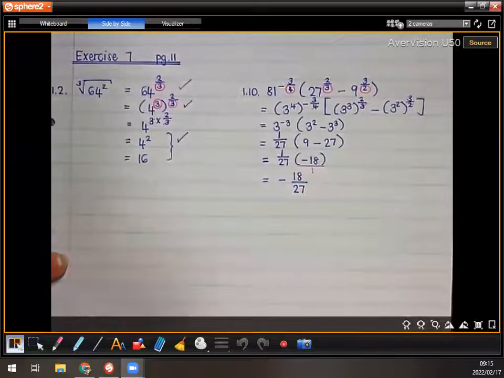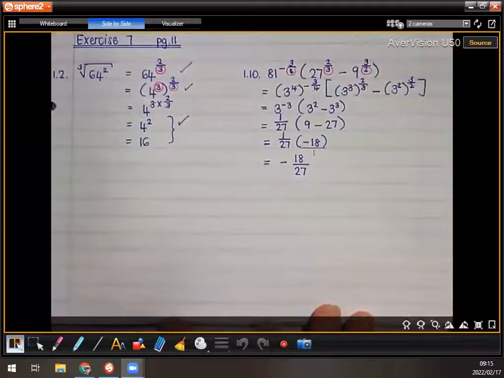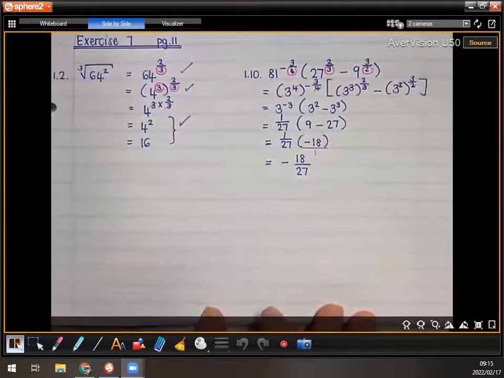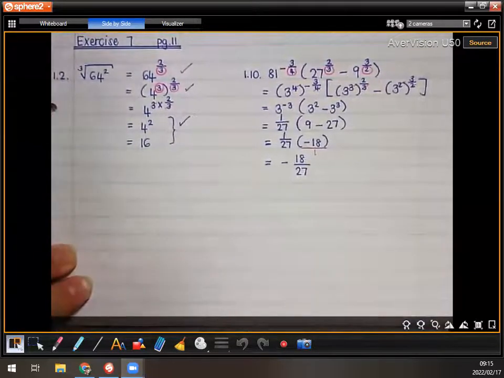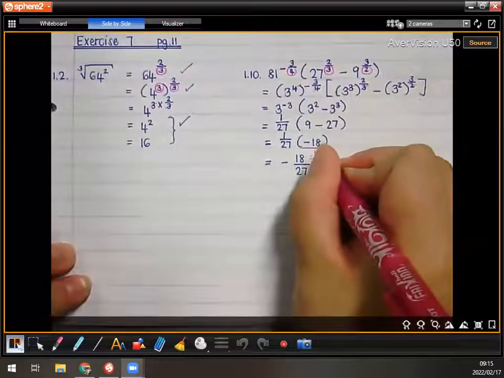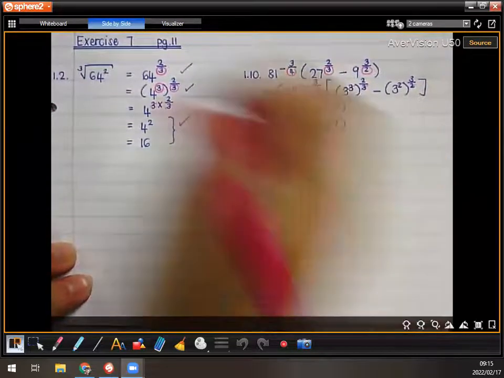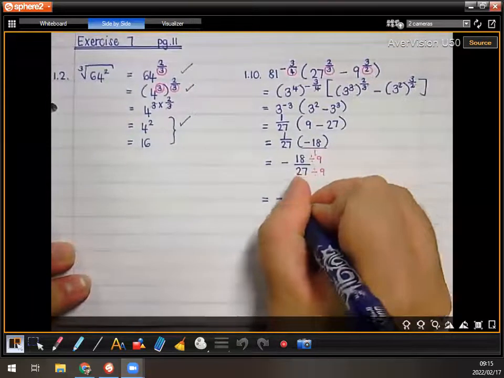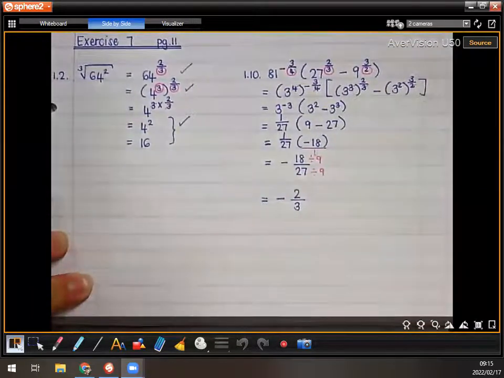But now we just need to check if that's the simplest form of that fraction. What number can go into both 18 and 27? 9 goes into both of them, yes. So now divide by 9, divide by 9. What's my final answer here? Negative 2 over 3.